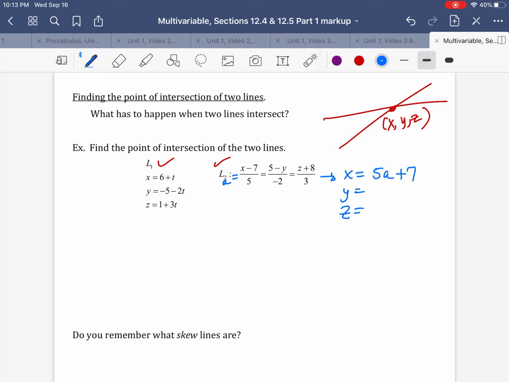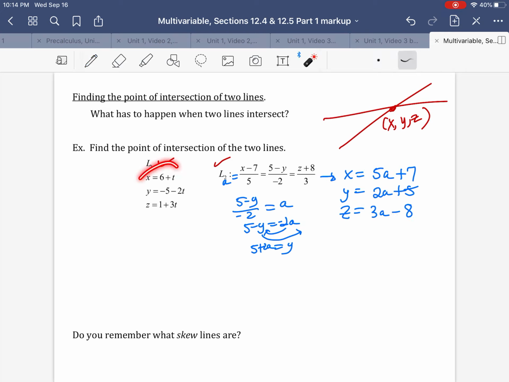Then, 5 minus y over -2 equals a. So it'd be 5 minus y equals -2a. Then let's see, move my y over there and my 2a back. I would have y equals 5 plus 2a. So 2a plus 5. And the last one, easy, 3a minus 8.